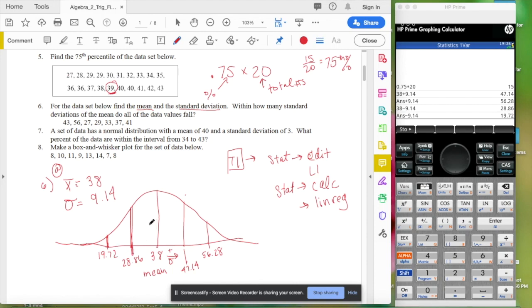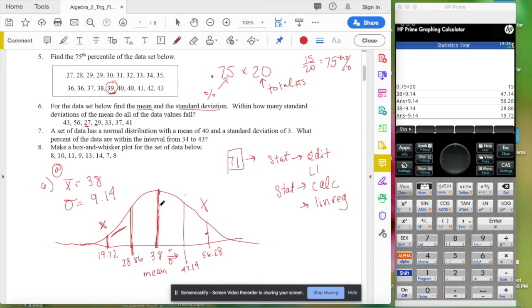So looking at my data, my smallest number looks like it is 27, which would be about here, somewhere between these two. And my highest looks like it's 56, which just reaches about here.